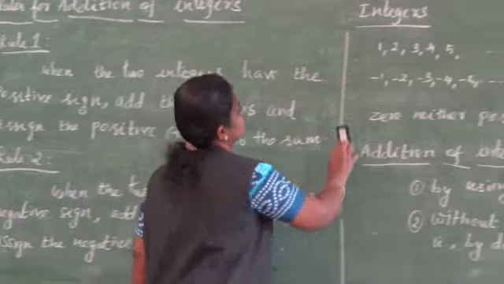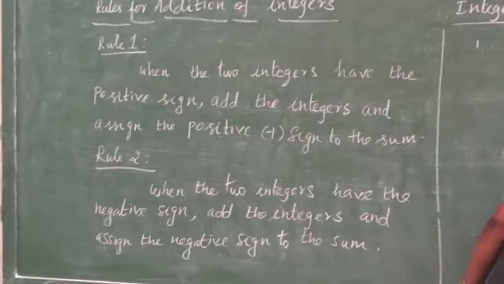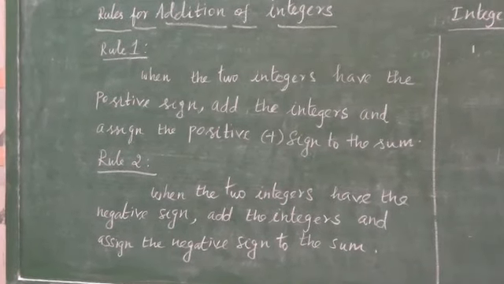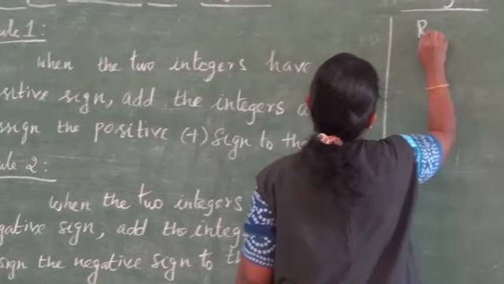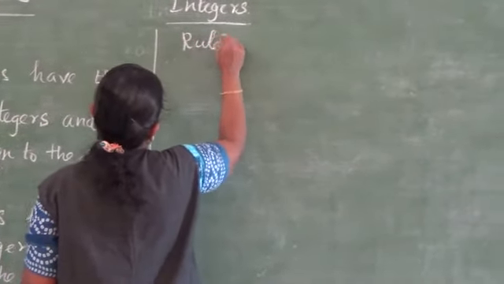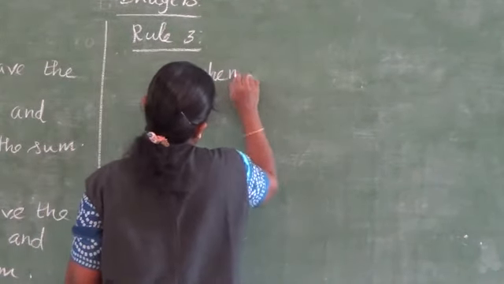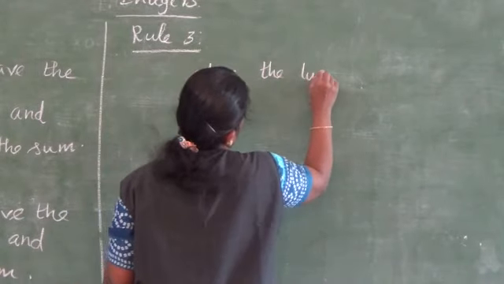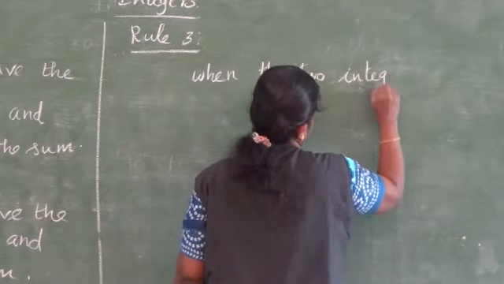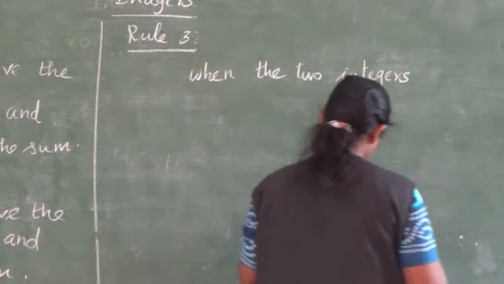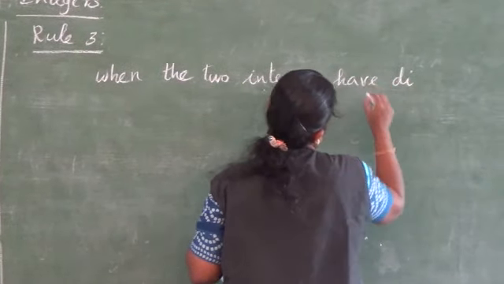The third rule is when the two integers have different sign.